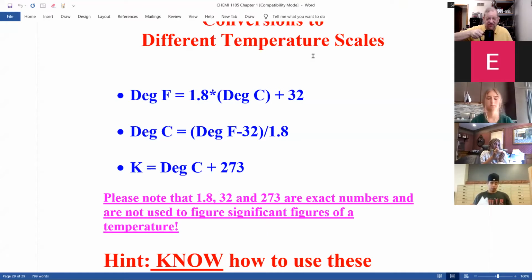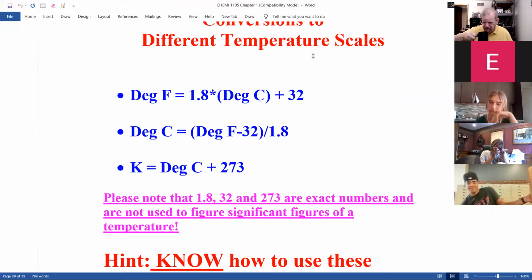I'm not here to test your memory, because I'm not a psychologist or psychiatrist. I guess those are the people who test memory. So I'll be giving you these formulas at the back of test number 1, but you have to know how to use them. So let's take a look at this.